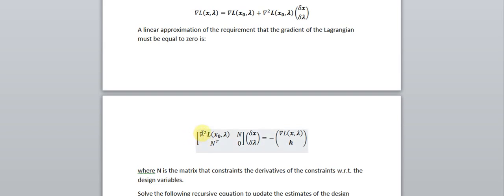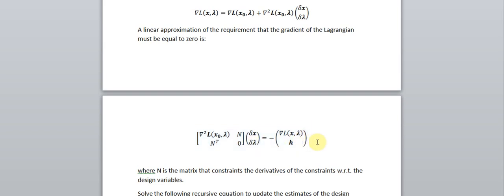Let's look at the matrix. This is the Hessian matrix of the Lagrangian. We have the constraints, the matrix of the constraints, and here are the increments by which we want to update the design variables and the Lagrange multipliers.